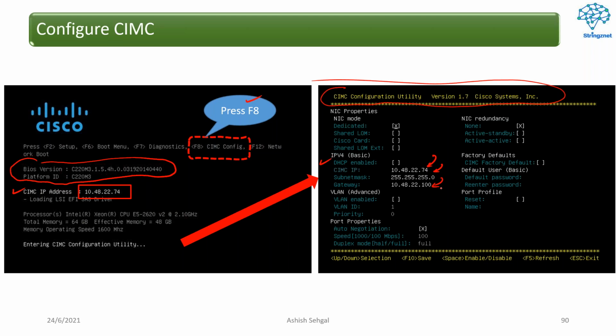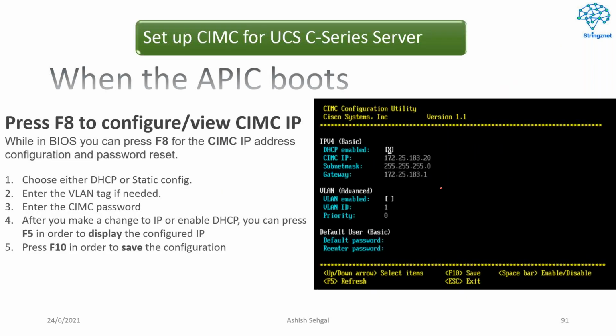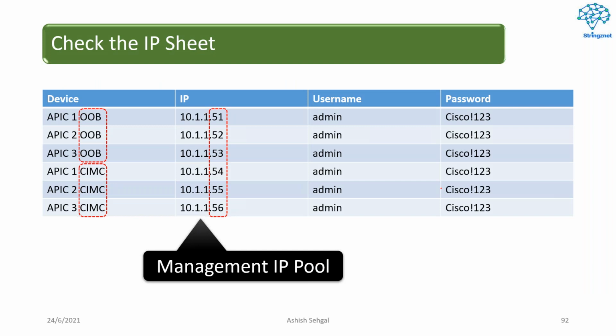Assuming now that the CIMC configuration is done, you want to fix the controller's health issue. Before that, this is a table just to give you assurance that we have 3 controllers having their respective out-of-band management addresses. They also have CIMC addresses individually assigned. This is not, of course, with regards to our lab.